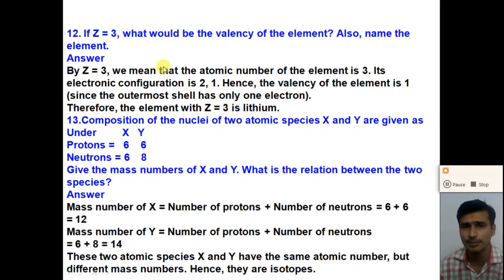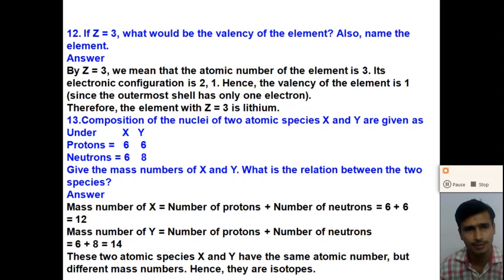Now the atomic number is 3, which means the number of electrons in an atom of lithium is 3. If we consider the electron configuration of lithium, in the first orbit, the K shell, there are 2 electrons, and in the second orbit 1 electron, total 3 electrons.